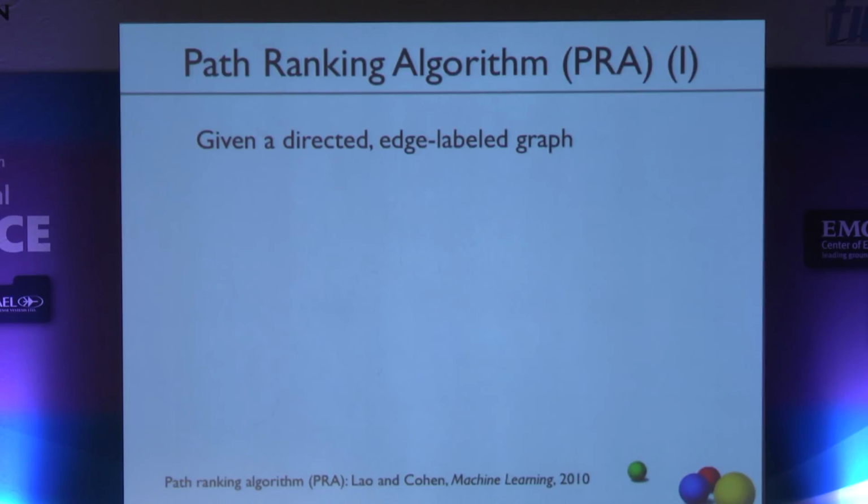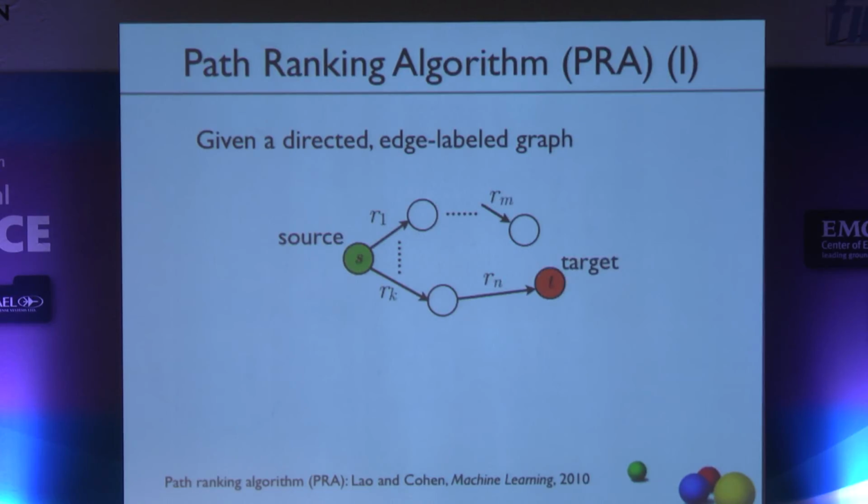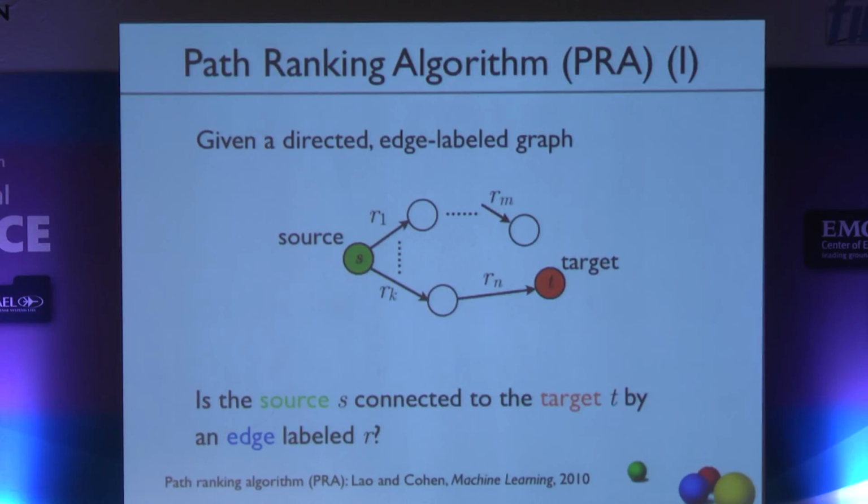So there's this algorithm that William and Ni developed over Ni's dissertation, which is called the path ranking algorithm. Essentially, you're given a directed edge-labeled graph, you have some sources and some intended targets, and you ask yourself, if I observe this thing, is there also an edge label R that I didn't see?